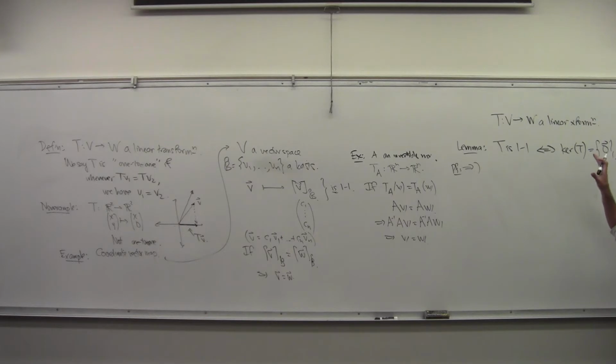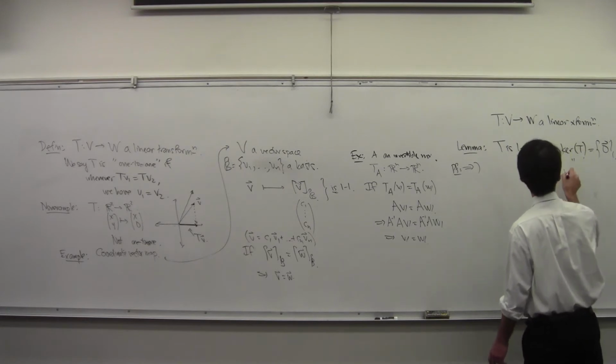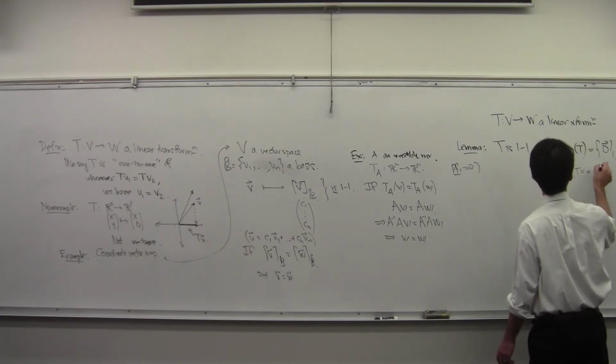Do you remember the null space? It's all V in the vector space such that T of V equals 0. That's right. Anything that this transformation sends to 0. This guy is all the vectors such that T of V equals 0.